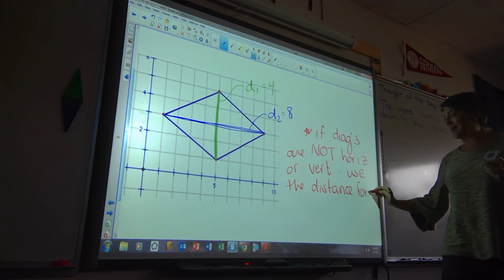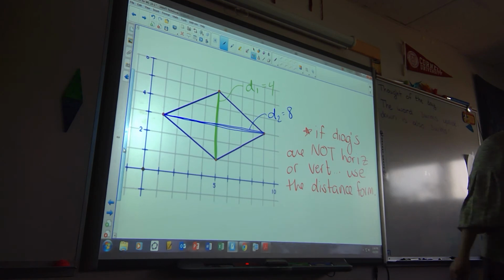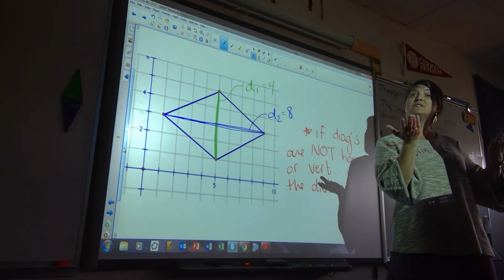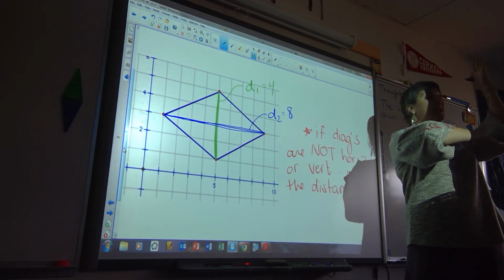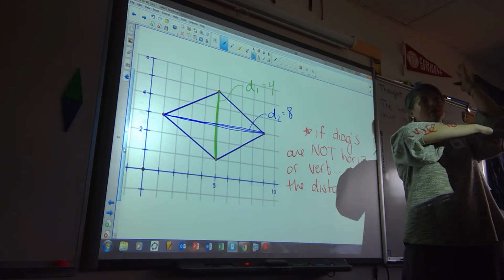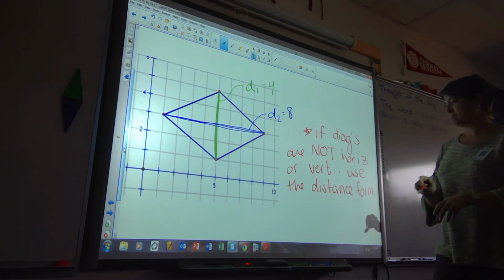Because you would need to use that to find the length of a line. Or maybe when you plot it, what you need to look at is the base horizontal and the height vertical. Look for a horizontal and vertical combination somehow.